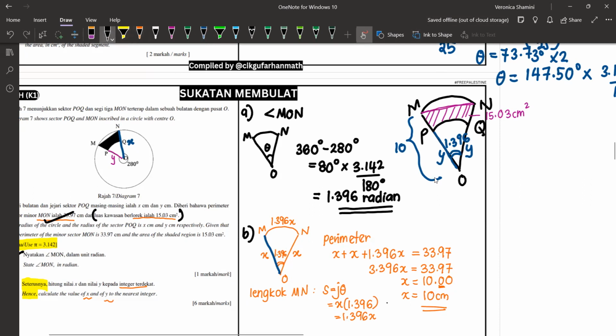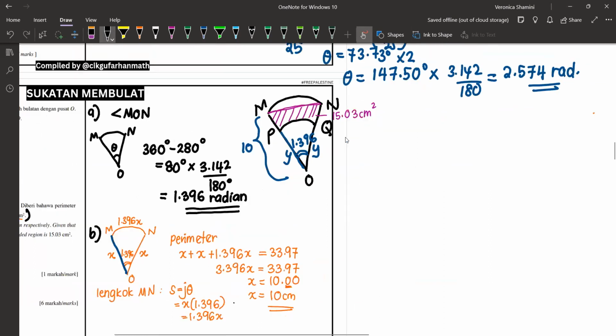Okay, so how to help us to find the luas? Okay, see, teacher akan cari kawasan yang ni dulu. This part. Okay. Lepas tu cari kawasan yang ni, luas yang ni. Alright. Lepas tu ambil yang MON ni luas MON. Okay. Luas MON.